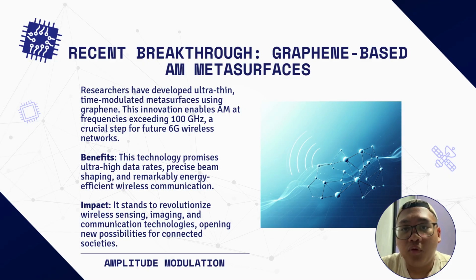It helps to enable precise beam shaping, energy efficient wireless communication systems, and support high data rate transmission. In terms of impact, graphene-based metasurfaces have the potential to revolutionize wireless sensing, imaging, and communication devices, opening new possibilities for smart and connected environments. This shows how AM continues to evolve with modern material and engineering innovation.